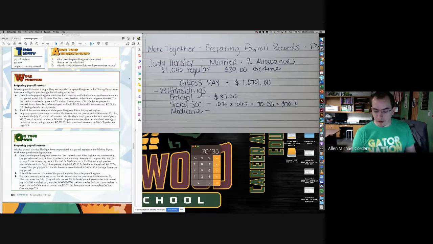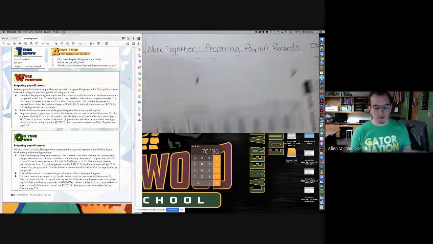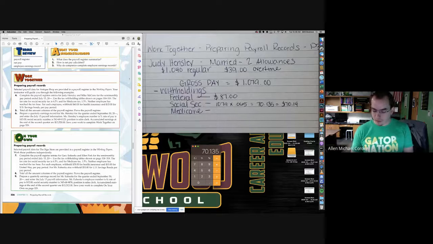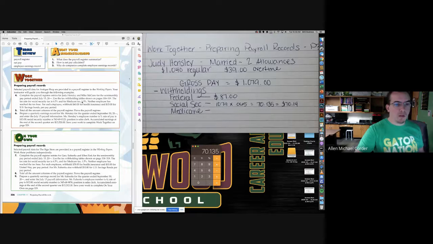The next thing on the table is Medicare. Medicare tax is found by multiplying 1.5% by the gross pay.